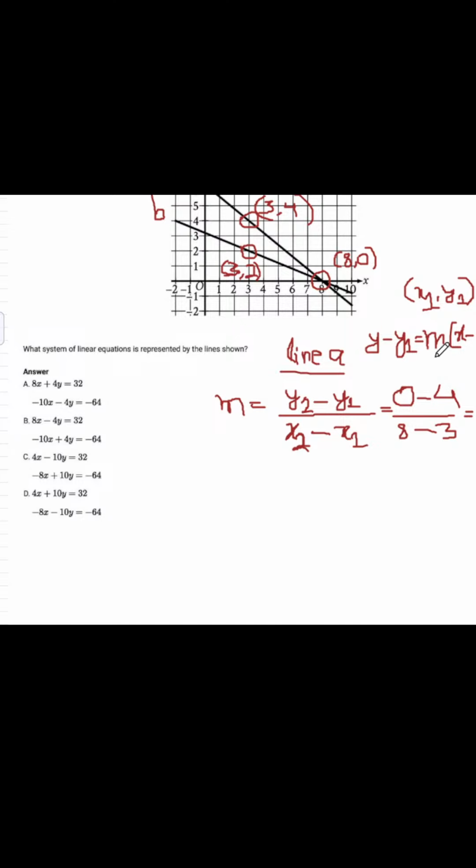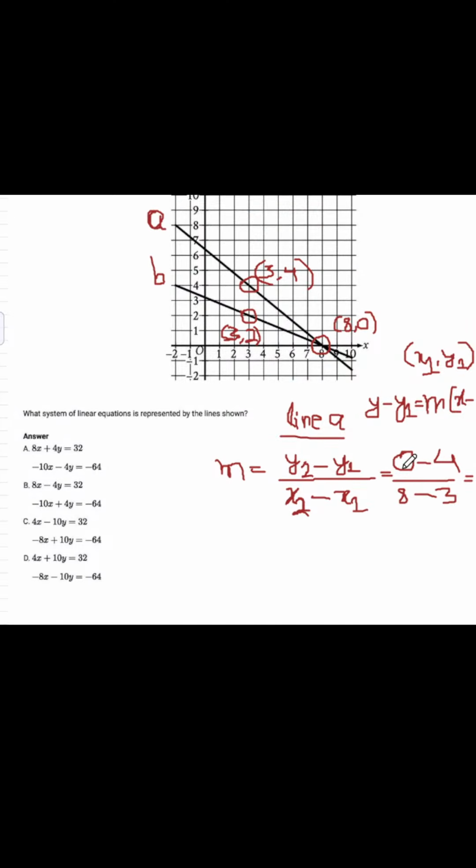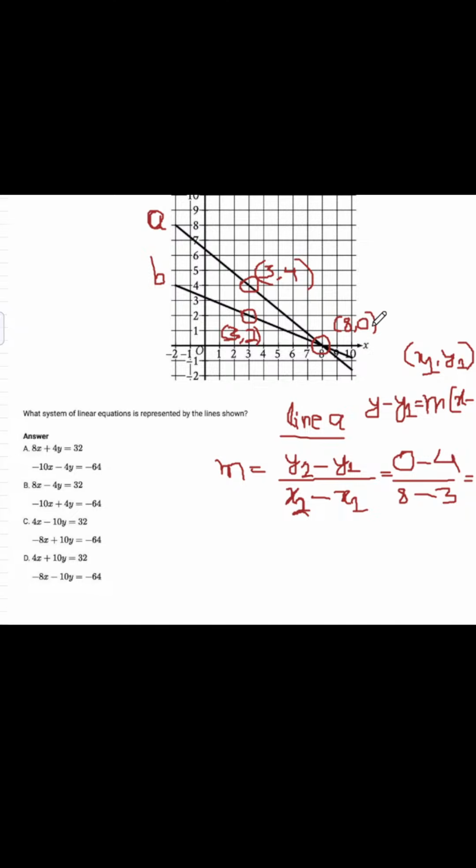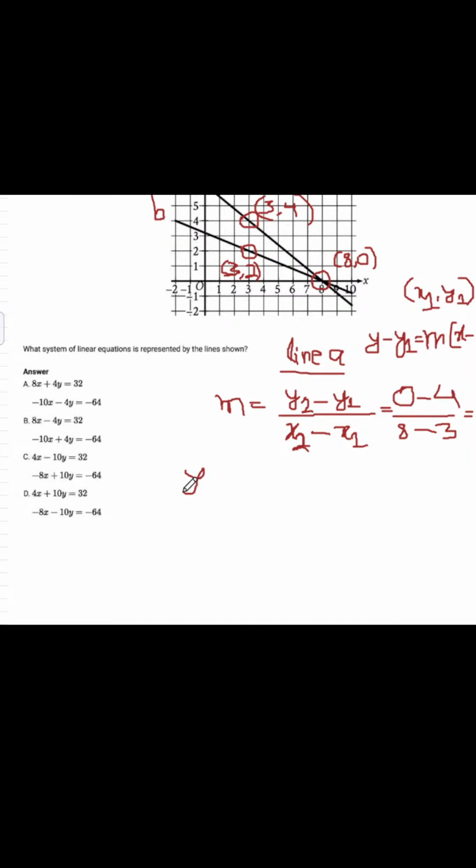Now we use this form and we'll get the equation. For the point you can use either (3, 4) or (8, 0). We'll use (8, 0) because 0 will simplify things. So y minus 0 equal to minus 4 by 5 times (x minus 8), where 8 is x1.